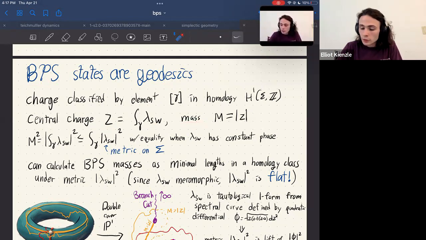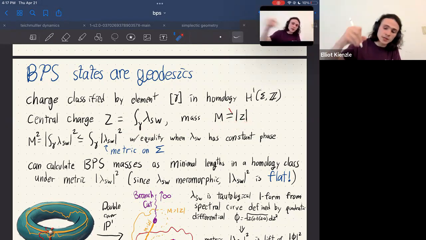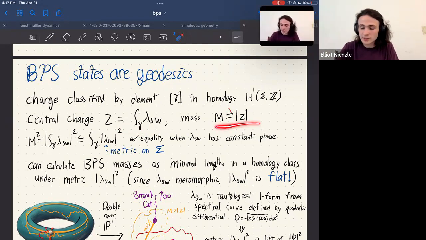Well, the whole point of BPS states is they satisfy this BPS bound: in general it's true that the mass of any state is bounded below by these periods. So a state whose charge lives in this homology class has to have mass above this amount. And when that bound is saturated, it's called BPS, and these are actually equal.